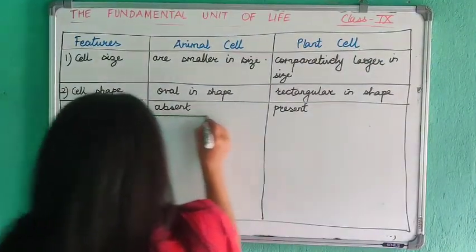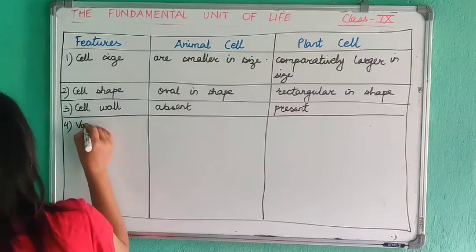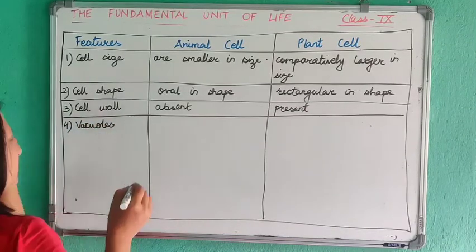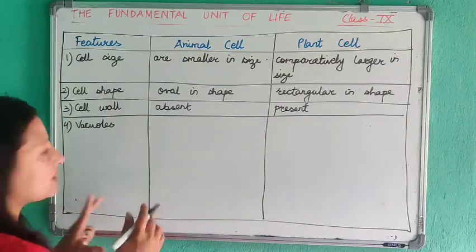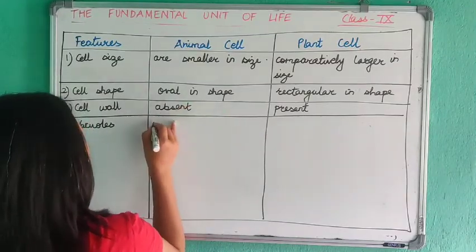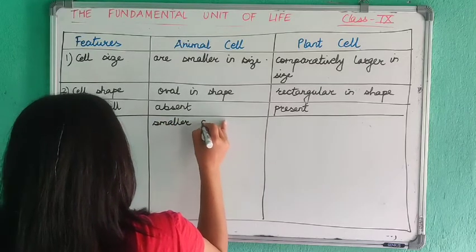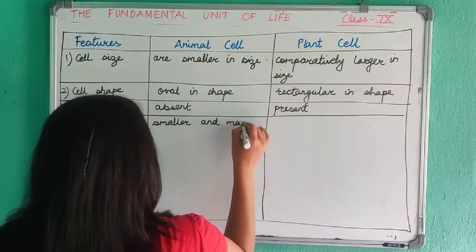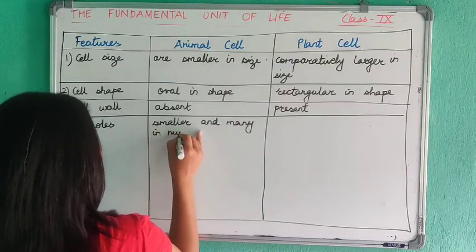Fourth comes vacuoles. We discussed vacuoles earlier also. If vacuoles are present in animal cell, these are smaller in size, many in number and scattered.